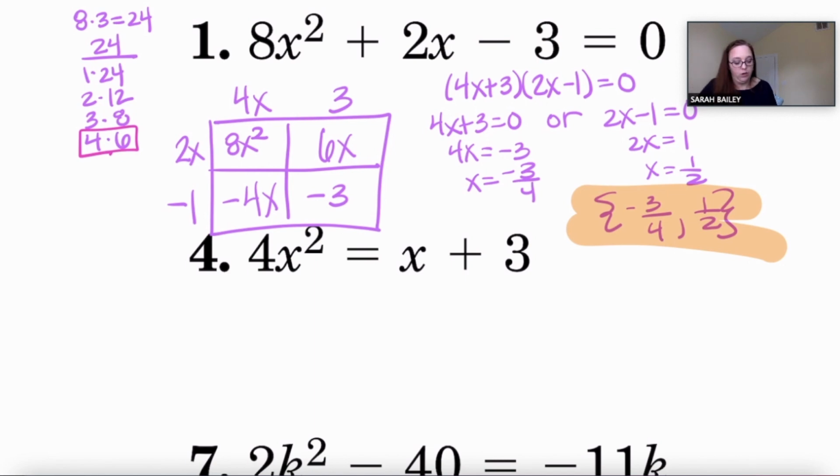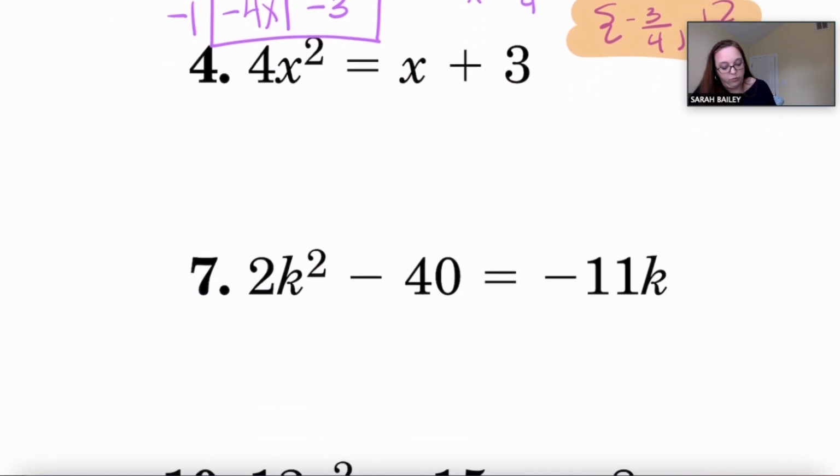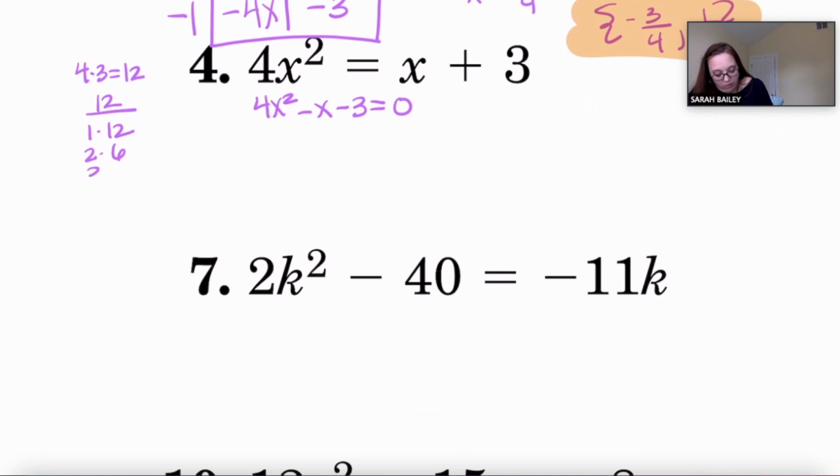All right, let's look at number 4. So for number 4, I'm going to move everything to the left side so that it'll be set equal to 0. In doing so, I'm actually subtracting the x and the 3 on both sides. All right, now I'm going to factor it. So 4 times 3 gives me 12. And the factors of 12, I'm listing them out now.